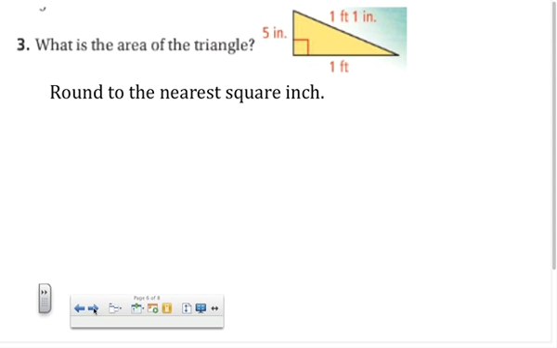Okay, the next question is also a Centio question. Notice that the instructions on the screen add the statement round to the nearest square inch.